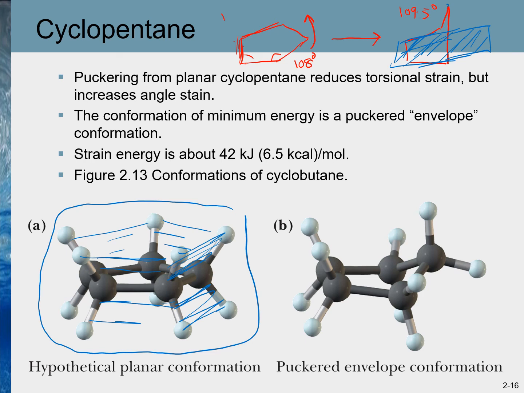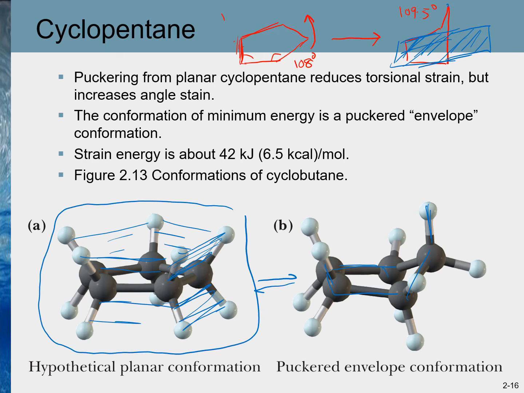So the preferred conformation is where one of the carbons is out of the plane. Now the hydrogens of this out of plane carbon are no longer at zero dihedral angle, so this will reduce the amount of torsional strain.